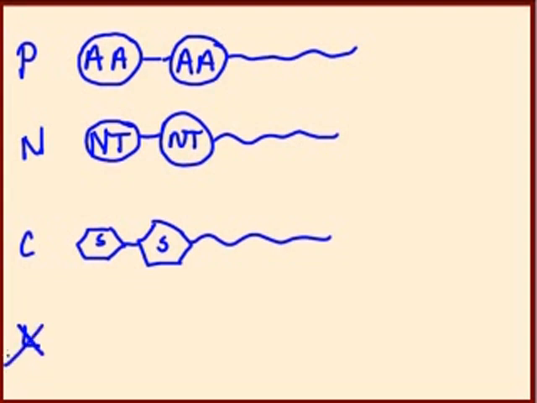Now, in general, we have 3 polymers, and of those 3 polymers, this would be the general term. And the individual units of those polymers are called monomers. I'm going to put here a monomer.